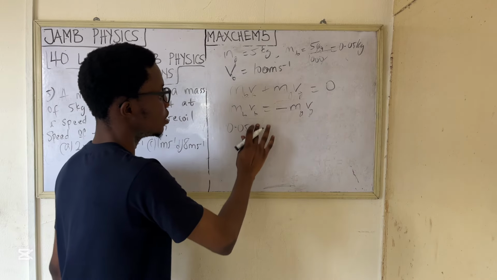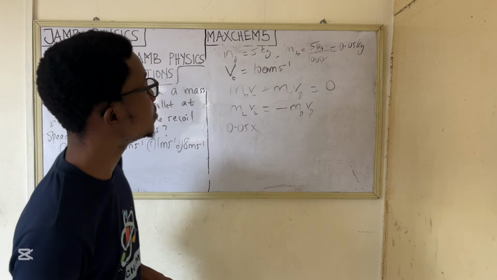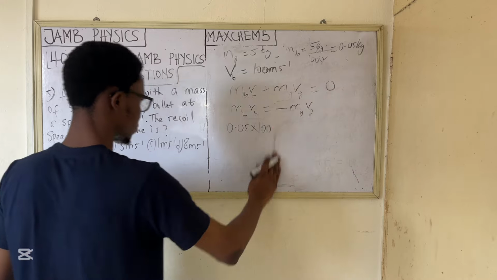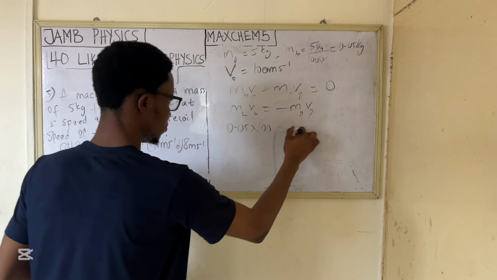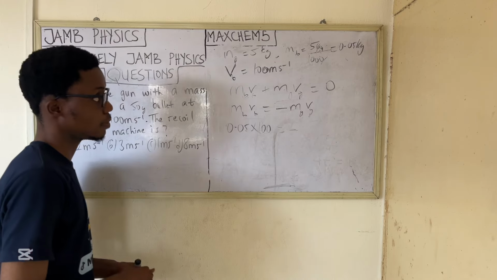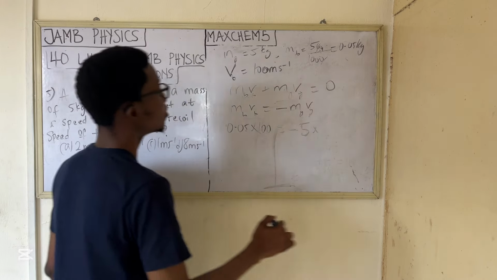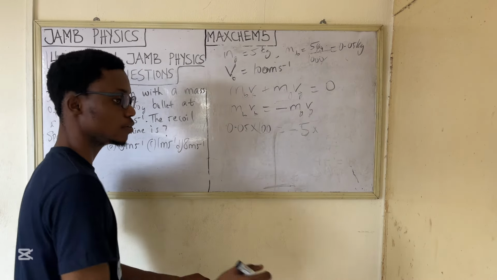Let's remove the kilogram for now. Multiply by vb, which is 100 meter per second, is equal to mg, the mass of the gun, which is 5, multiplied by vg, which is the velocity of the gun. Now that's what we have to look for. That is the recoil velocity of the gun.